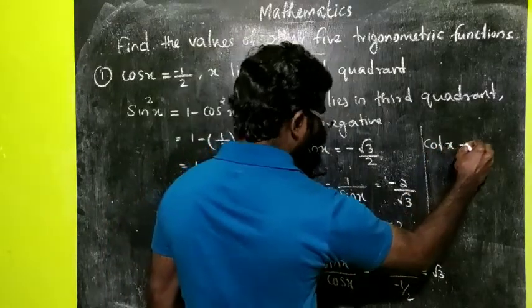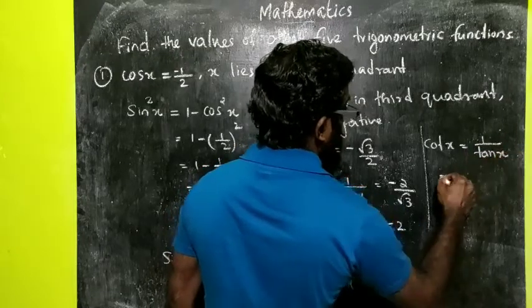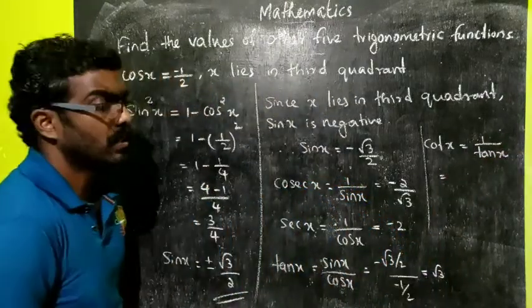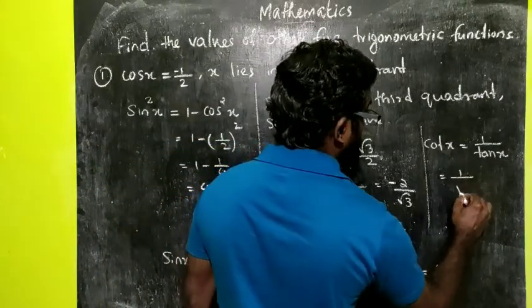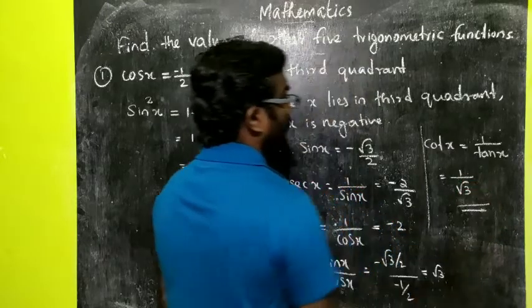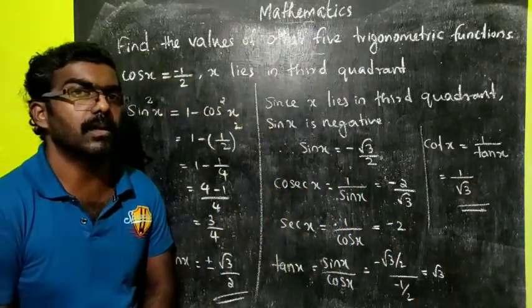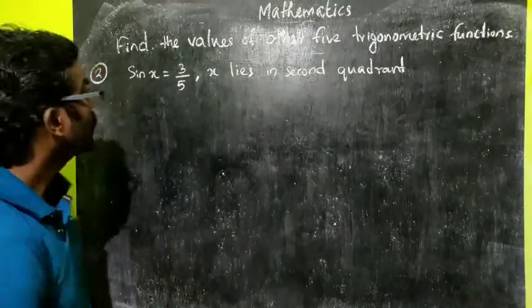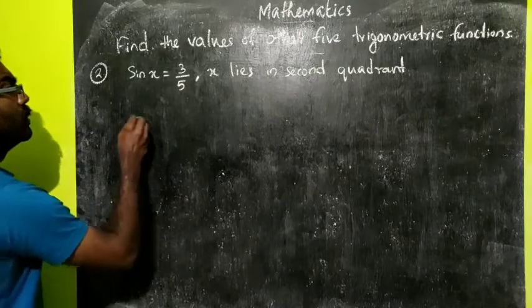Cot is the reciprocal of tan, 1 by tan x. Or you can write cos x by sin x, both are same. Okay. So 1 by tan x, here it is 1 by root 3. Now we got all the trigonometric ratios. Okay. Now the second question is, sin x equal to 3 by 5, x lies in second quadrant.